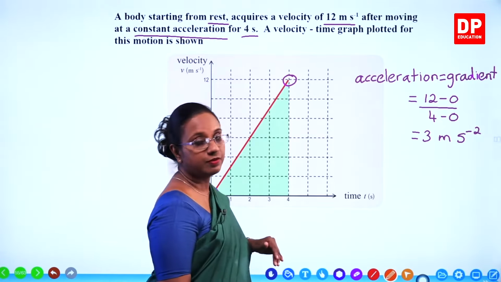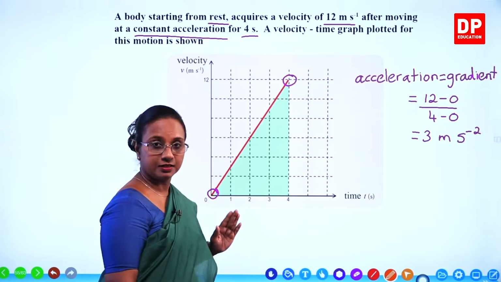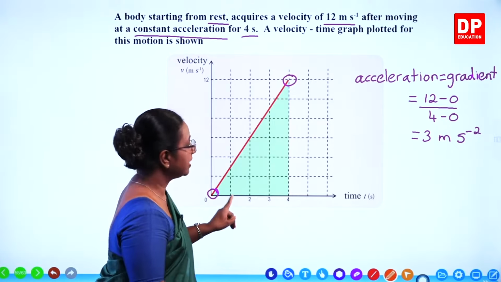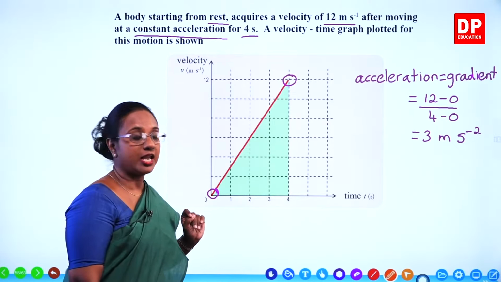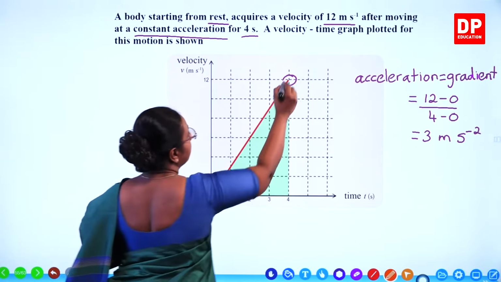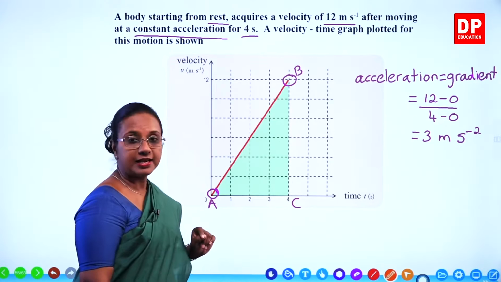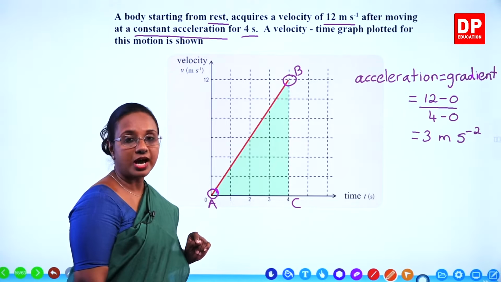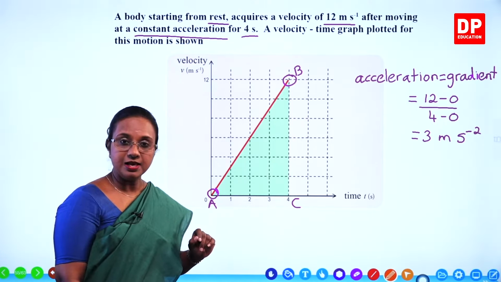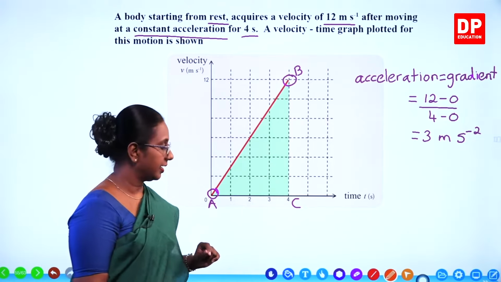Then the second information that we can calculate is the area under the curve. That has already been shaded for you all. Here you can see it is a different shape. Now if we label this as A, B and C points, you can see that ABC is a triangle. So to calculate the area of a triangle, we use the equation half into base into height.